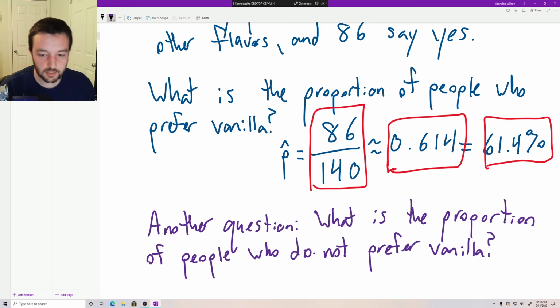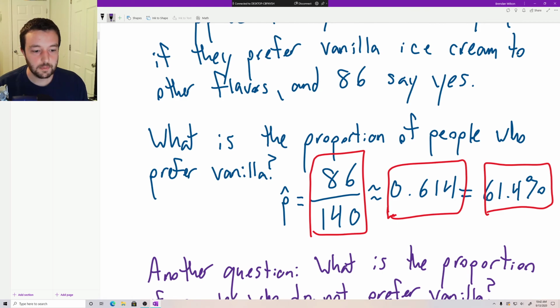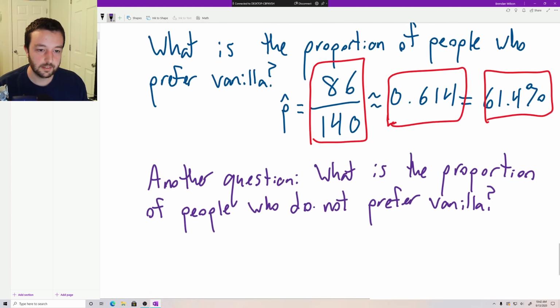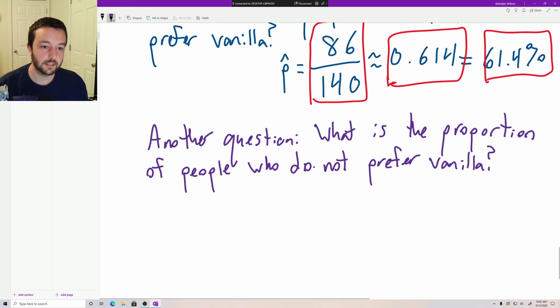Because we only have two options here, we can figure this out. If 86 people say they do prefer vanilla and there's 140 people total, then whatever's left must have said they do not prefer vanilla.